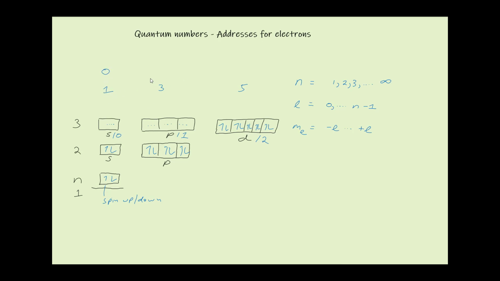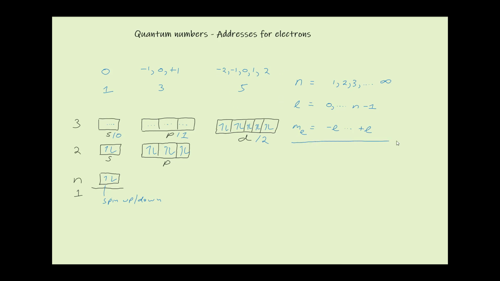That's kind of bizarre, but let's take a look at P. If our L value is 1, then the different rooms can go from minus 1 to 0 to positive 1. Notice how we're just incrementing, starting from the negative value of L until we get to the positive value of L. There turn out to be 3 digits to indicate the 3 different rooms. If we do that one more time with the D, we would see minus 2, minus 1, 0, 1, and 2, again from the negative side to the positive side.